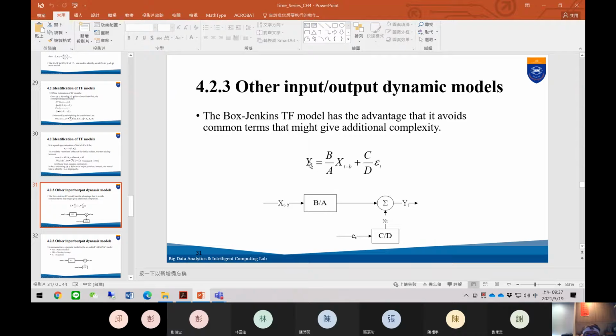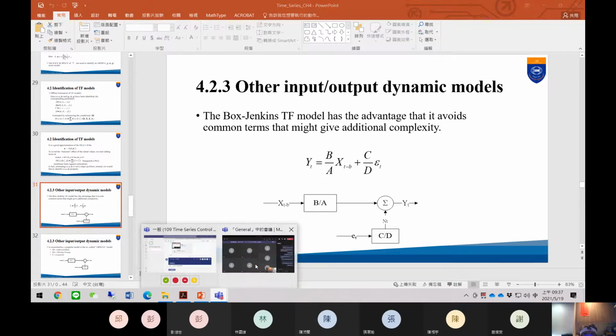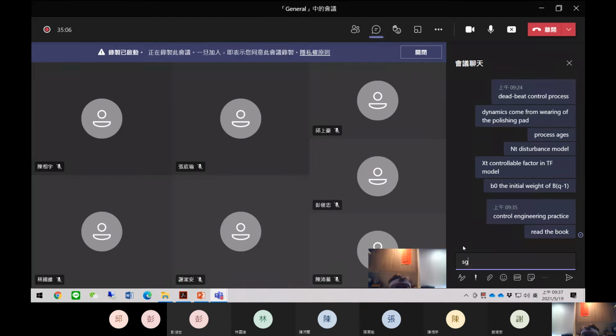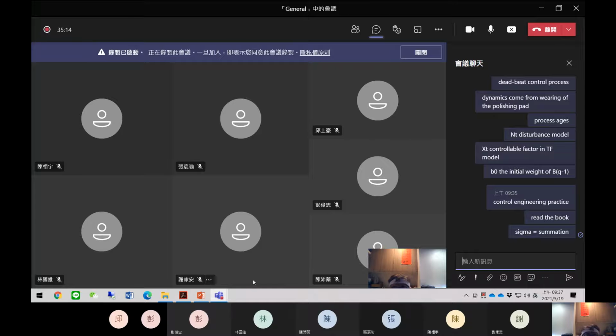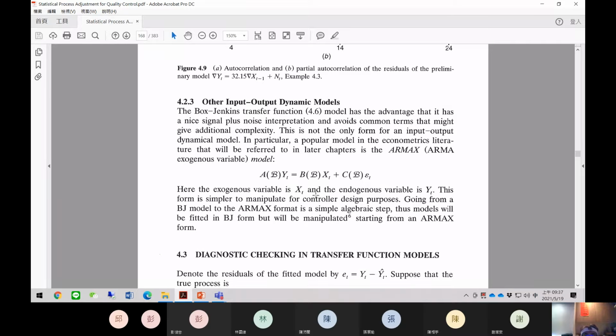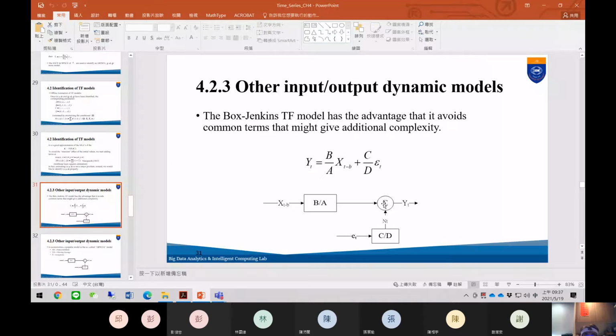So like this, Y_t equals B over A transfer function, plus C over D. For the B over A transfer function, the X comes in with a delay, and then the summation. The entry is disturbances, so the summation is right here.